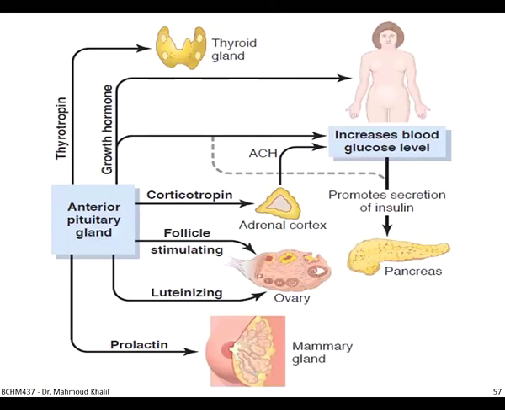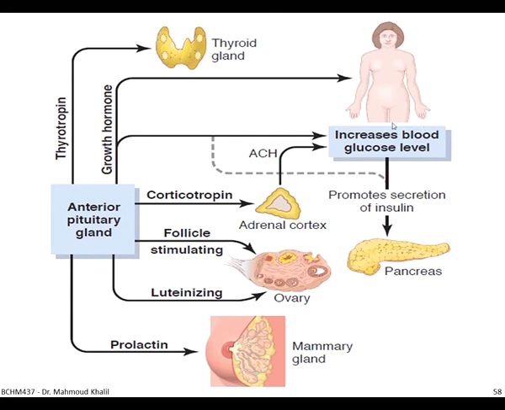Again, if we look closely, you can see that the anterior pituitary gland can release thyrotropin, which will affect the thyroid gland. It can also release prolactin, which will affect the mammary gland. Growth hormone has many targets, so you can see it will affect the whole body. It will aid in the metabolism of glucose, as well as corticotropin hormone, which affects the adrenal cortex and also shares its part in the glucose level, as well as follicle stimulating hormone and luteinizing hormone, which will affect the ovary.